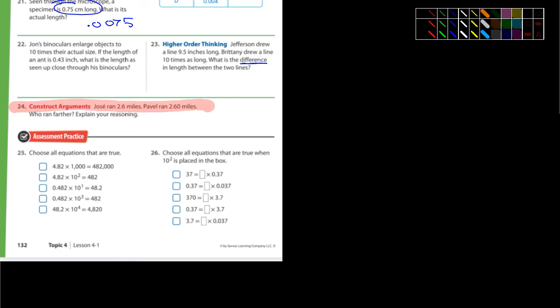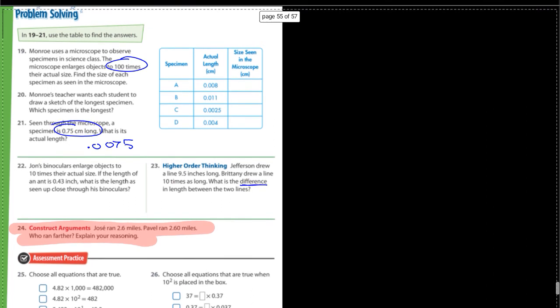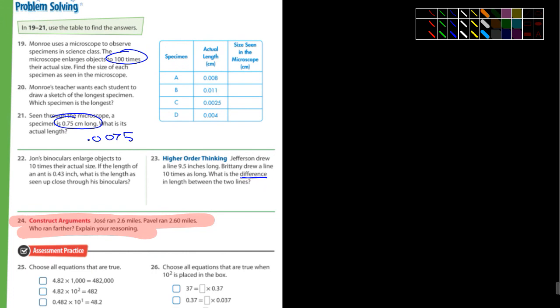It's worth a stick. And you guys can do the other two at the bottom, 25 and 26. So yeah, all these. I'll ask one person about all four. They have to get all four correct. That's worth a stick.